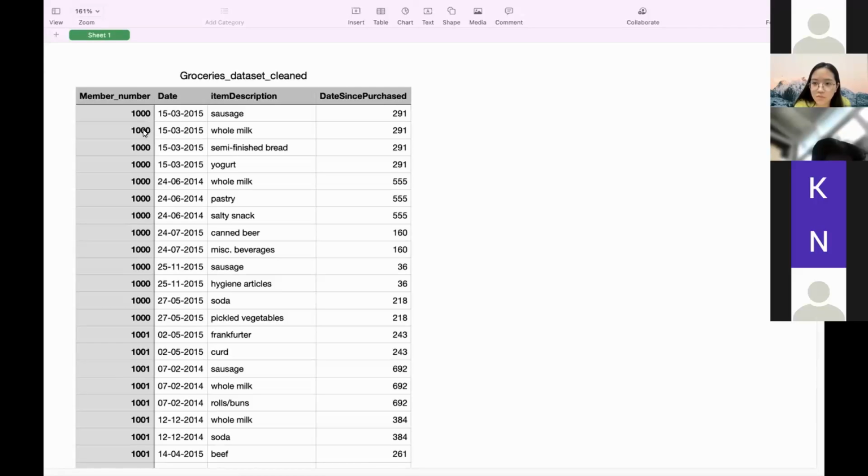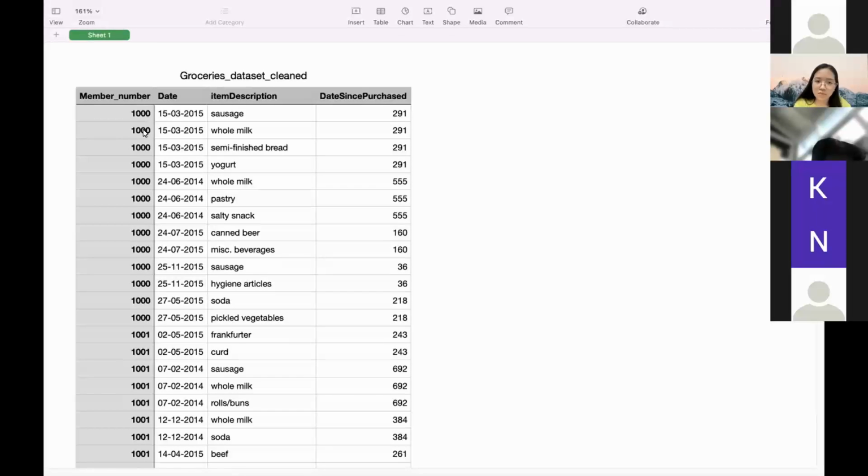The reason RFM is so popular is because most people don't have that much data. They only have customer ID, time of purchase, and amount.